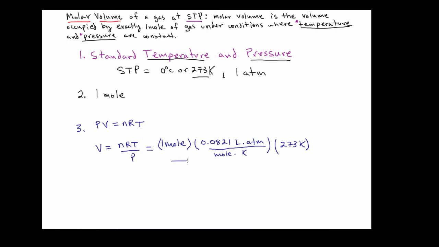And we're going to divide the whole shebang by 1 atm. All right, and if you look closely here, you can see what the units do. Moles cancels with moles. Kelvin with Kelvin. Atmospheres with atmospheres. And we have successfully solved for liters.